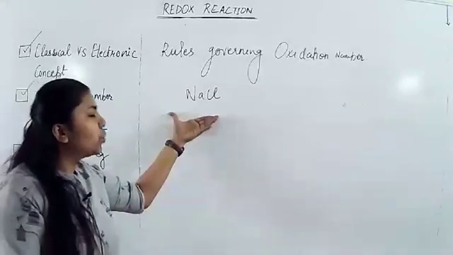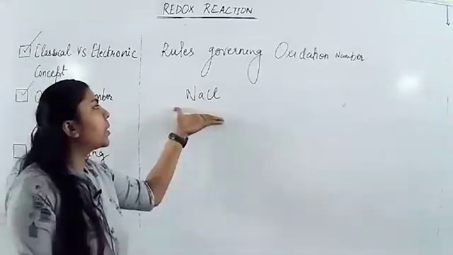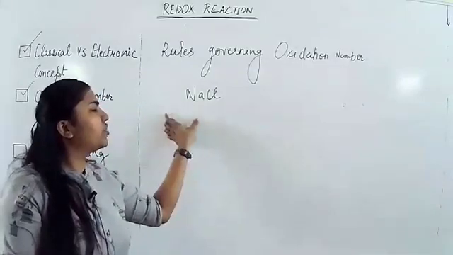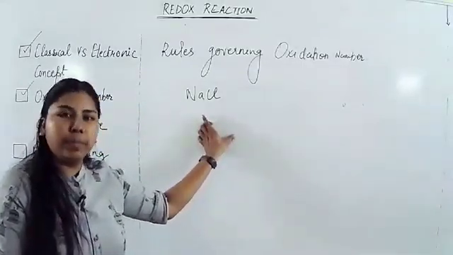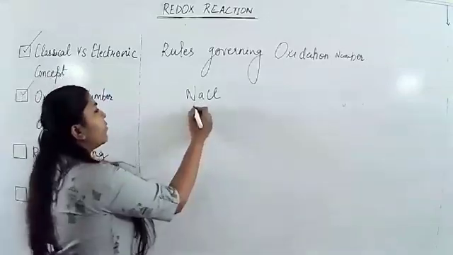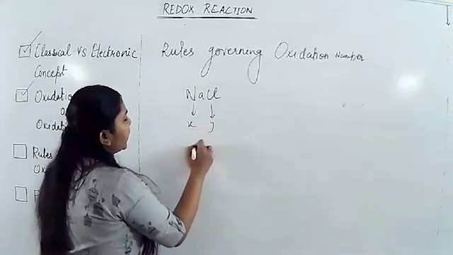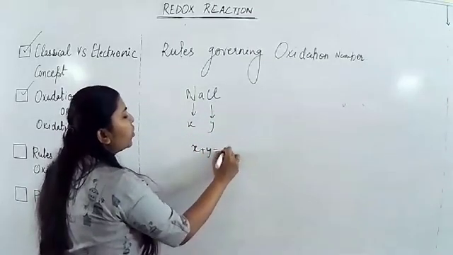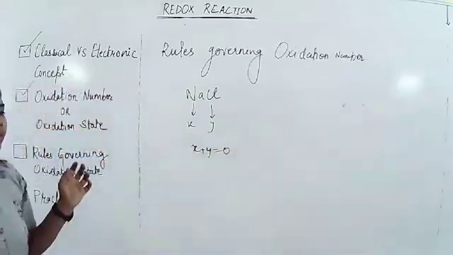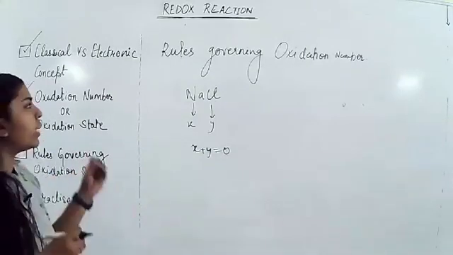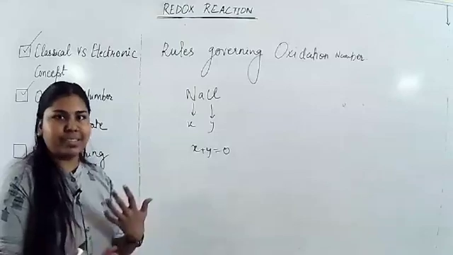So in a neutral compound, the sum of the oxidation numbers of both species will be 0. If sodium has oxidation number X and chlorine has Y, then X plus Y equals 0. That's the second point.